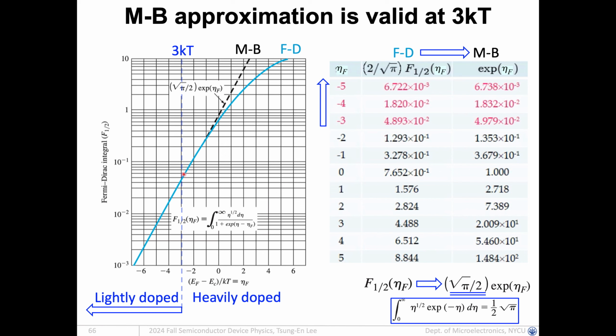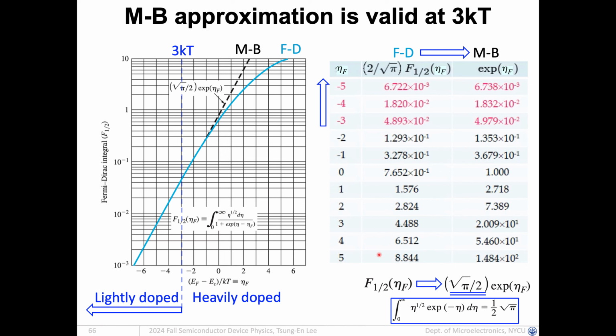In that case, if it is not an extremely highly doped situation, then the Fermi-Dirac integral value is similar between the Maxwell-Boltzmann distribution and the Fermi-Dirac distribution. And in that case, we can simplify the Fermi-Dirac integral to the Maxwell-Boltzmann approximation, which is valid when E minus EF, the distance between the conduction band and the Fermi level, is larger than 3 kT.